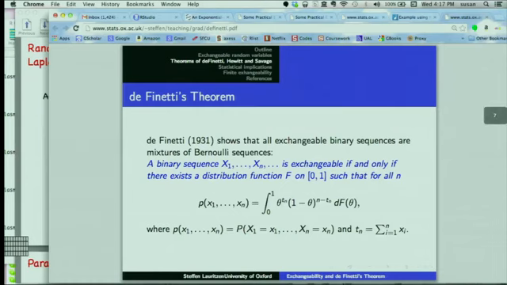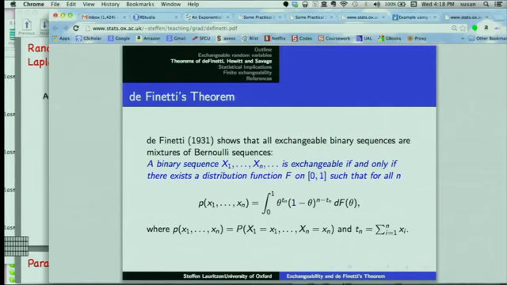Okay. So what does De Finetti say? If you have exchangeability, and he did it just for, suppose that you're doing Bernoulli, zeros and ones, and that they're exchangeable.